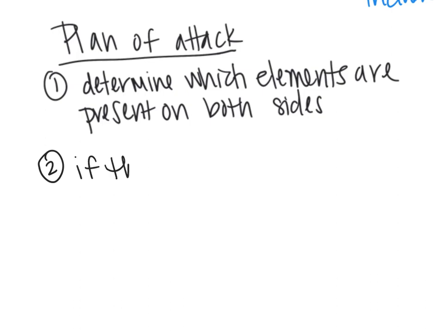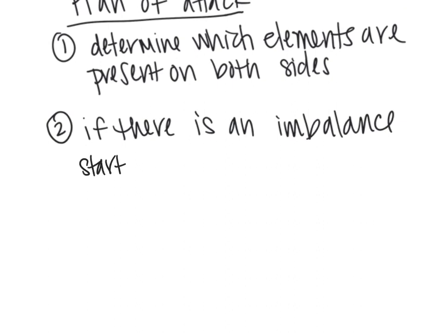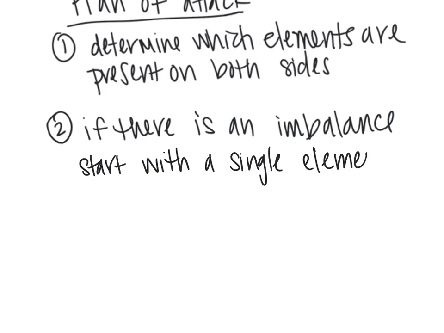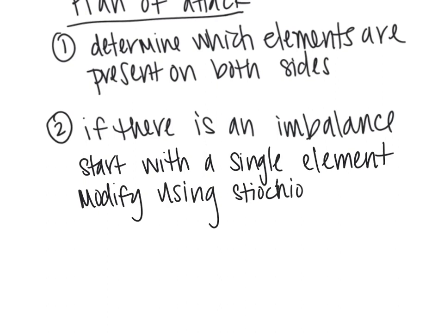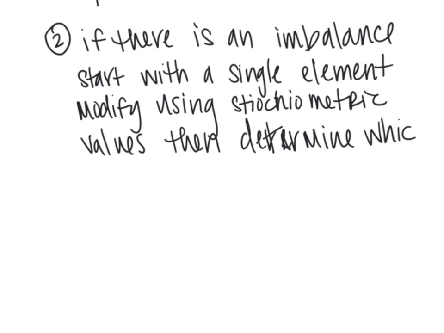So if there is an imbalance, what you're going to do is start with one or a single element, modify that with stoichiometric values, then determine which values also changed.